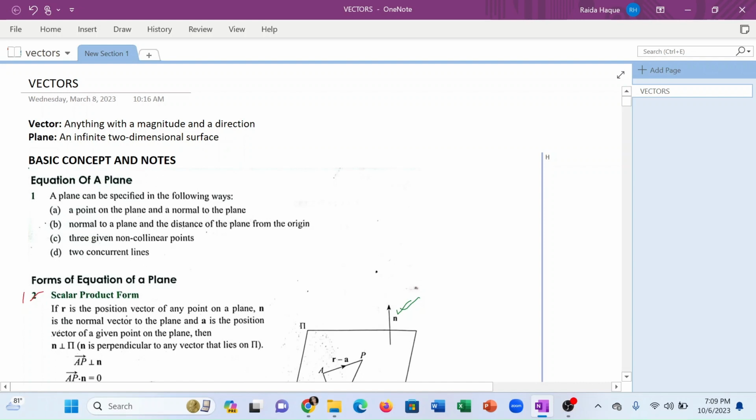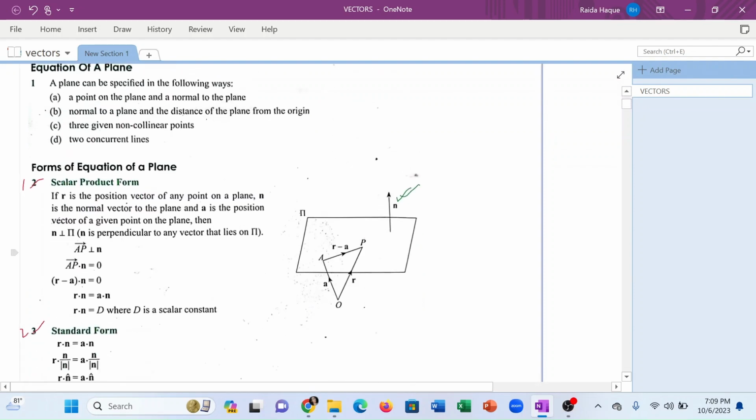Now you might be asking, what is a normal? In very simple terms, a direction vector perpendicular to the plane is a normal. For example, over here, you see this N that I have marked is perpendicular to the plane, which is the rectangle, because it is protruding out from the plane.